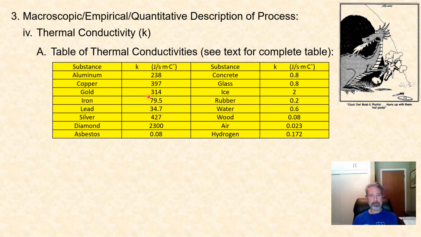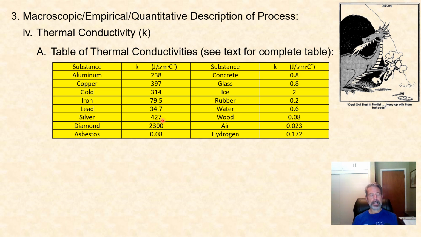They have a higher rate of energy transfer via thermal conduction. So if we come down here, we will see that not all metals are created equal. However, look at how high the value is for silver, for example, compared to that of lead.